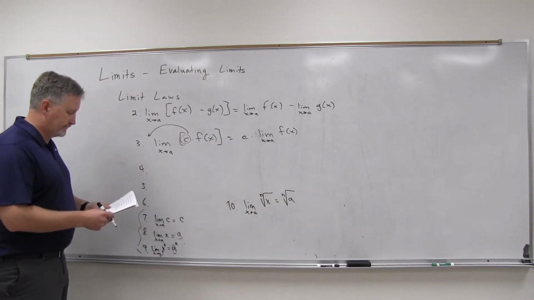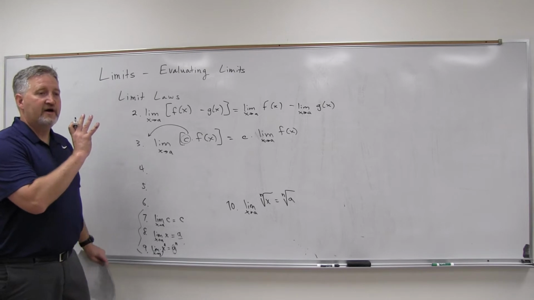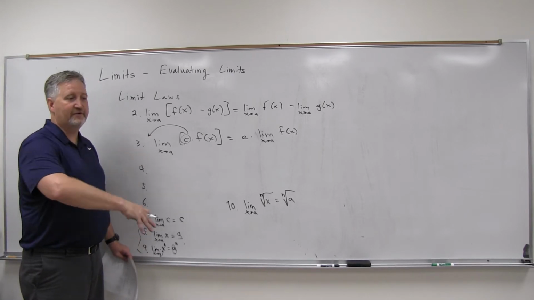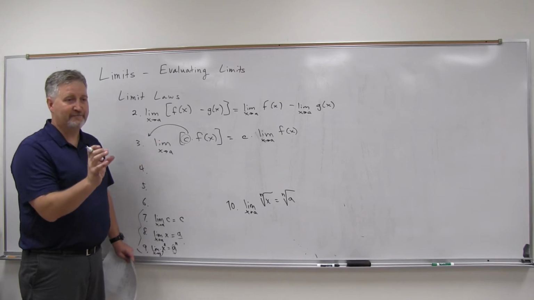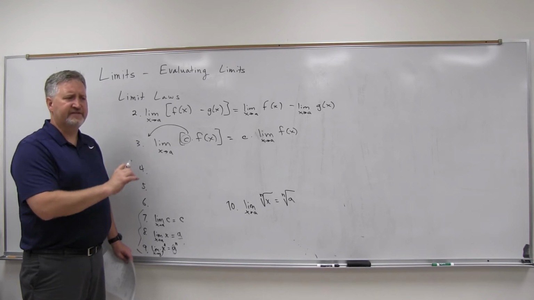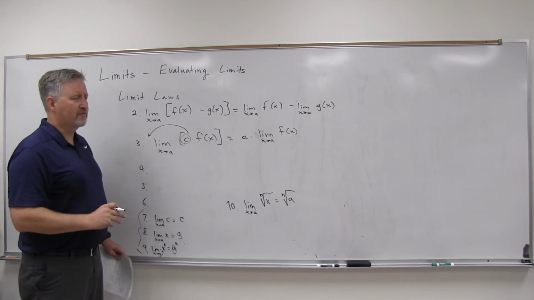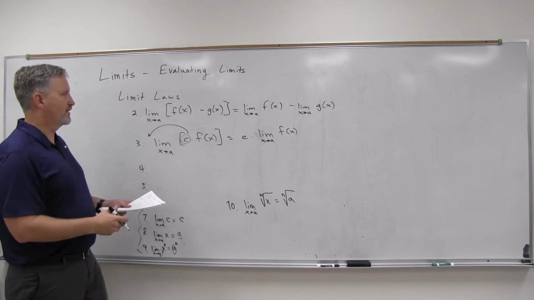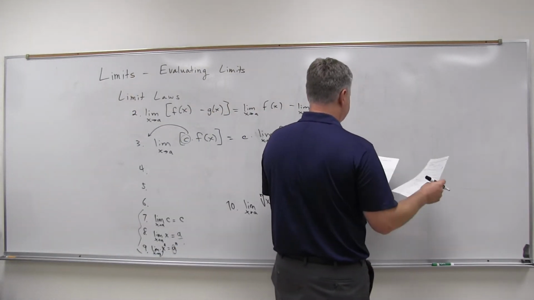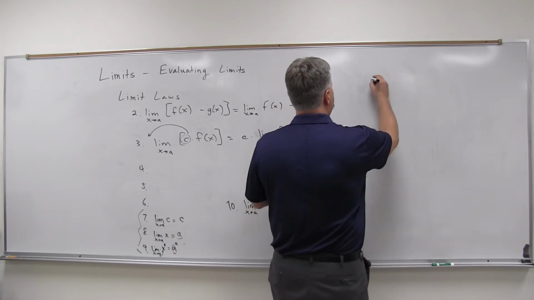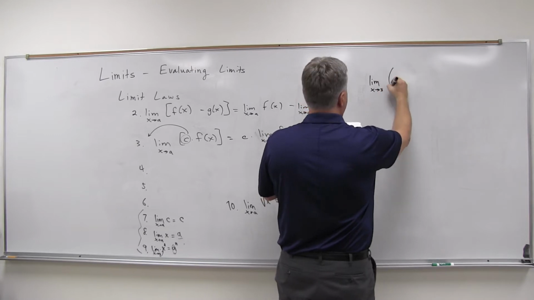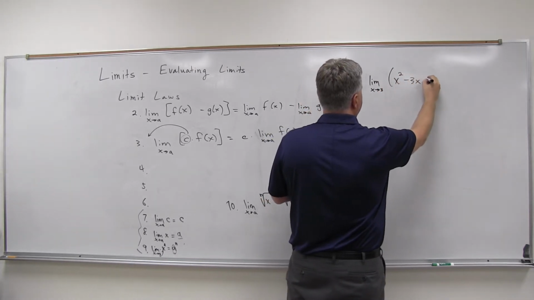So here's what I want to do with these. I'm just going to do this one time, and I think on the homework there's just one problem, maybe two, where you have to specifically tell the limit laws, just so you're aware, I'm aware that you're aware of these laws. Here's what I want to say. All right, so let's say I've got the limit as x approaches 3 of x squared minus 3x plus 4.